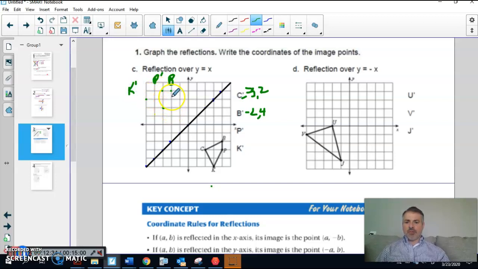Oh, so P prime ended up here. That's at -3, 4 for P prime. And then K prime ends up at -5, 3.